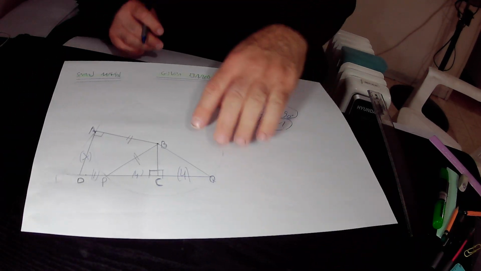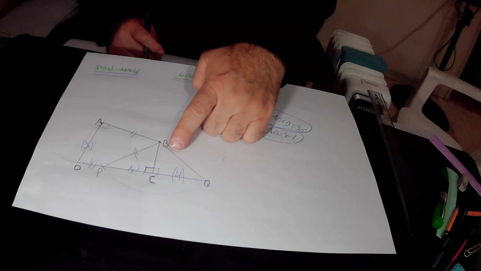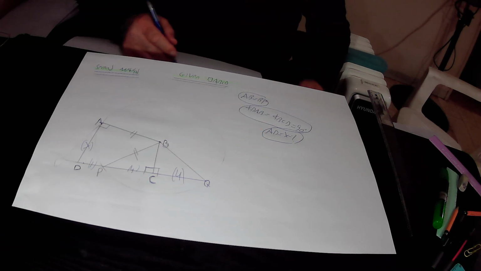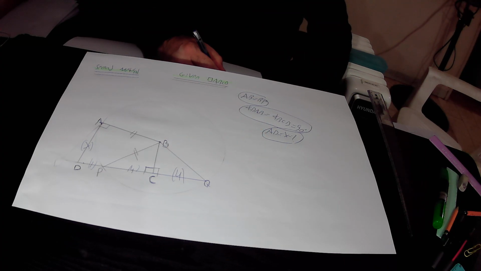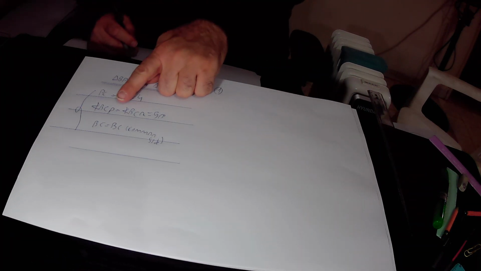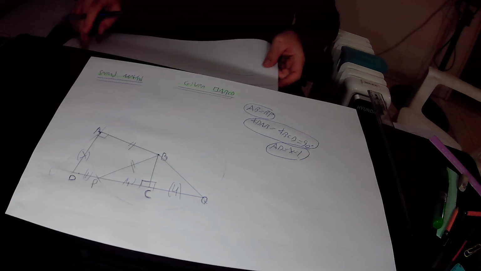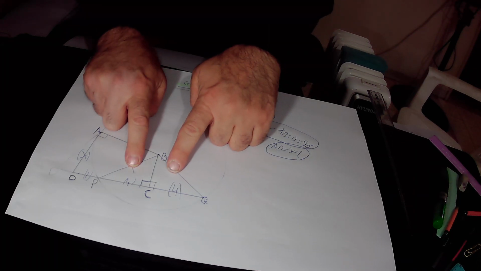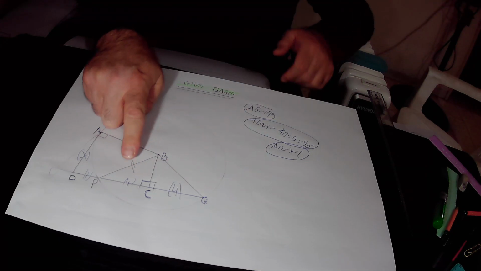So I can find out that side BC equals itself, a common side that belongs to both triangles. So I can find out that those two right triangles are congruent according to the side angle side rule.